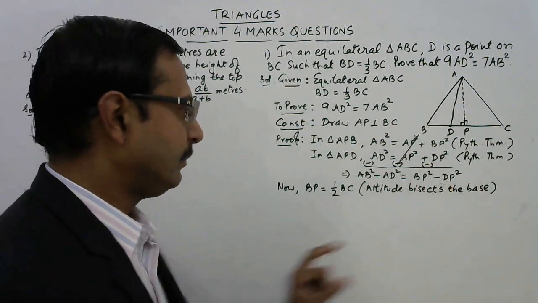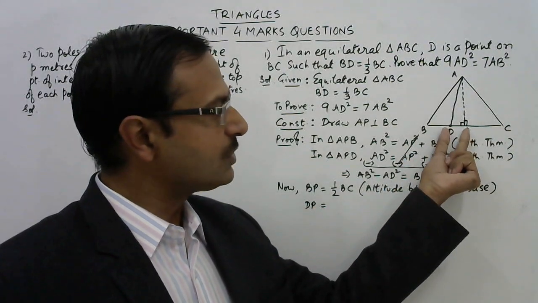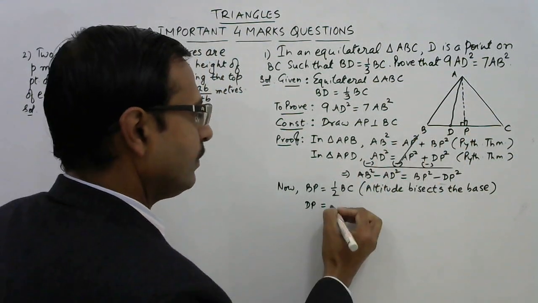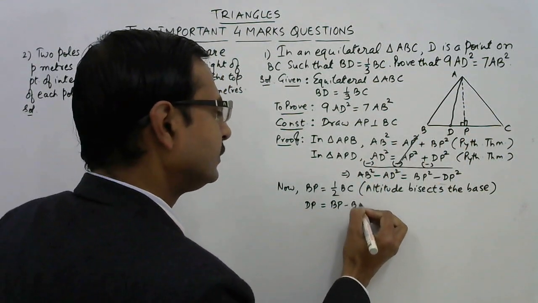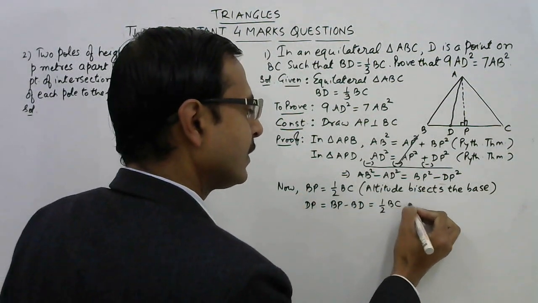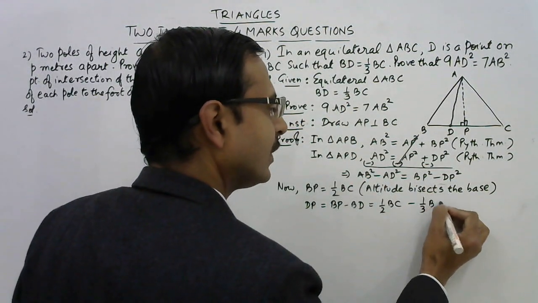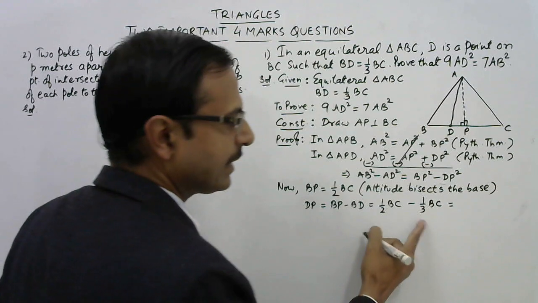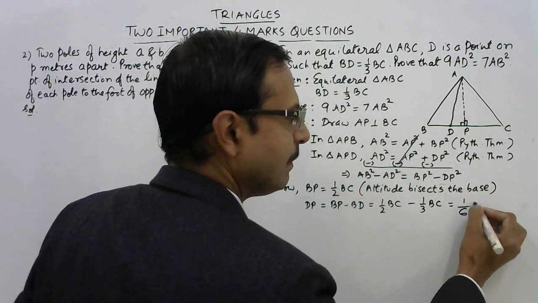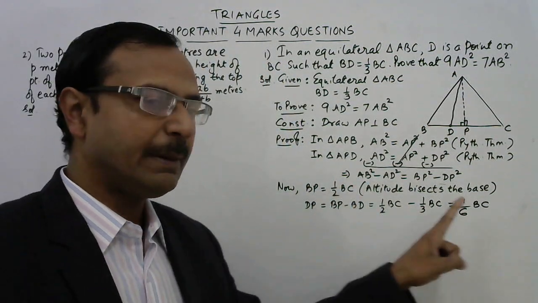And what about DP? DP is not directly given, so I will represent DP in the form of BP and BD. So it is BP minus BD, and BP is half of BC, minus BD, which is given in the question as 1/3 of BC. Now they are like terms, and when you subtract them, 3 minus 2 is 1 and 3 times 2 is 6, so 1/6 BC. I have taken the LCM and simplified this and brought it in the form of BC.